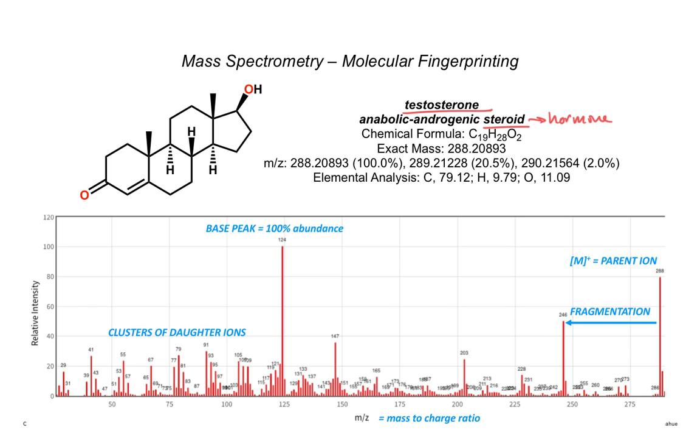I chose testosterone because it's an anabolic, androgenic steroid, and people will use it for gains if you're a gym bro, or athletes use it to dope. It'll essentially increase muscle mass, make you stronger, faster, that sort of thing.